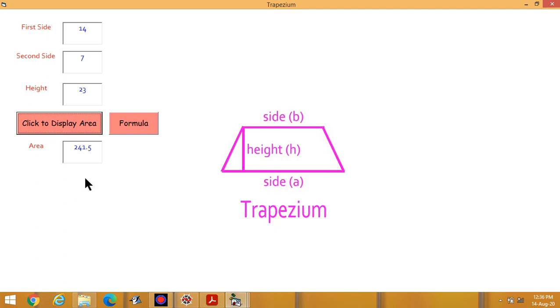Click to display the area. Area is 241.5. Now what is the formula? Formula is half multiply sum of the parallel sides multiply distance between them. I will apply this formula in my Python program.